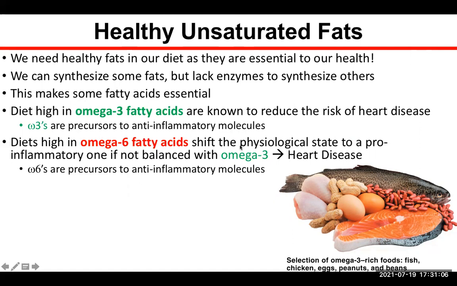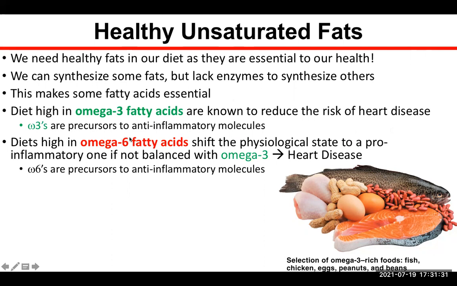So here I have the two main essential fatty acids that our body needs. The main one that is really good for you is the omega-3 fatty acids. The omega-3 fatty acids have been shown to reduce your risk of heart disease. There are a couple of reasons for that, but the main one has to do with the omega-3 structure itself.